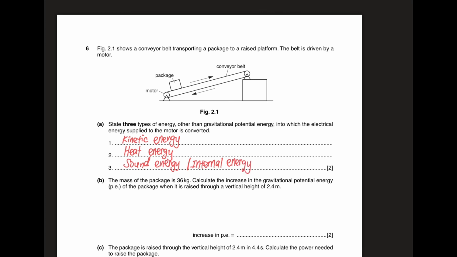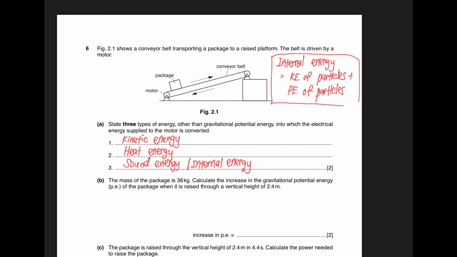How is internal energy possible in this situation, sir? Okay, first we need to know internal energy has two parts, which are the kinetic energy of particles plus the potential energy of particles. Is the potential energy here gravitational potential energy or just potential energy? It's not the gravitational potential.